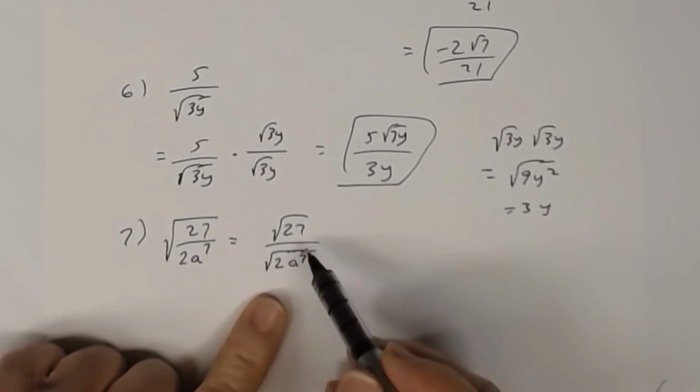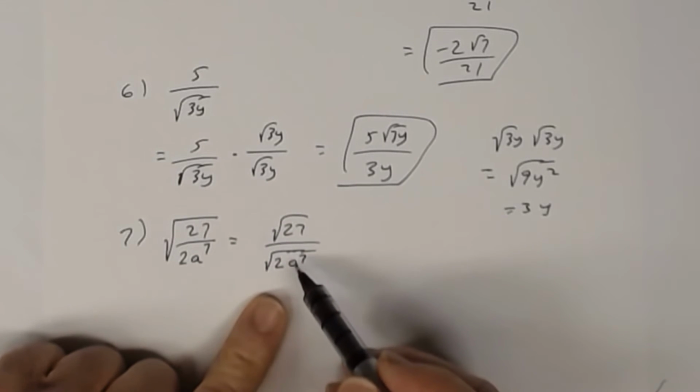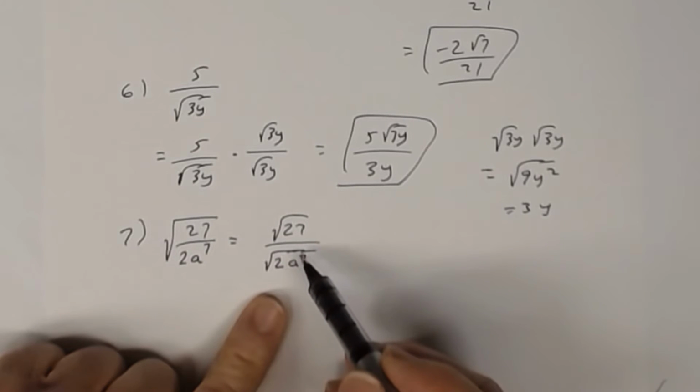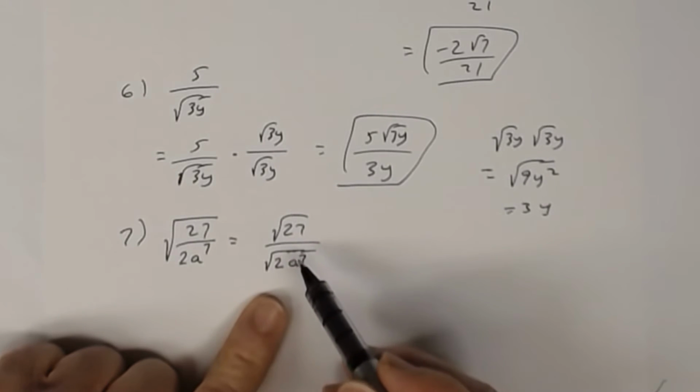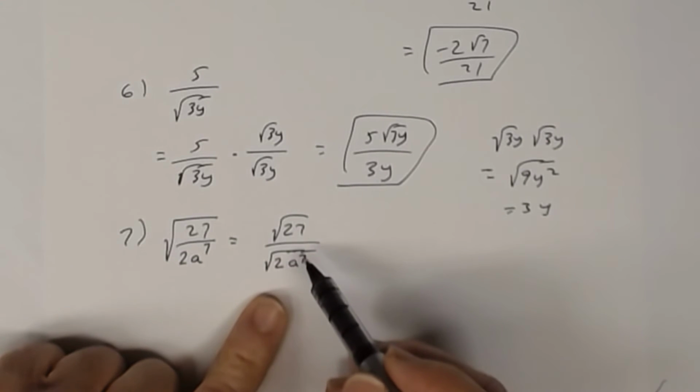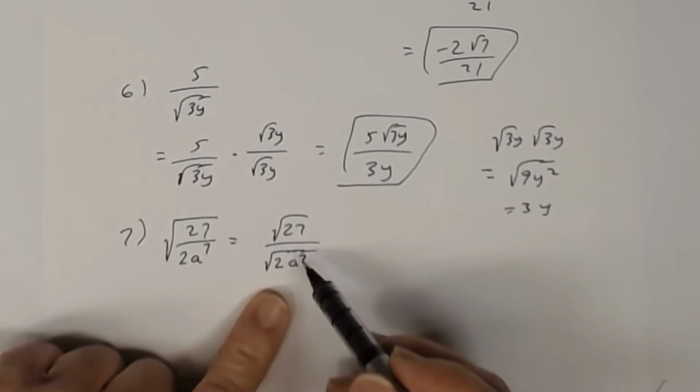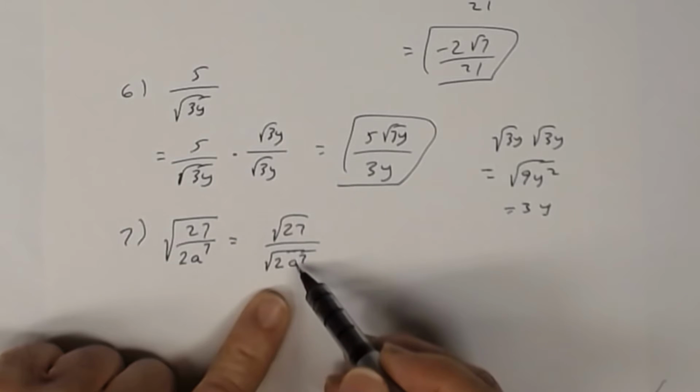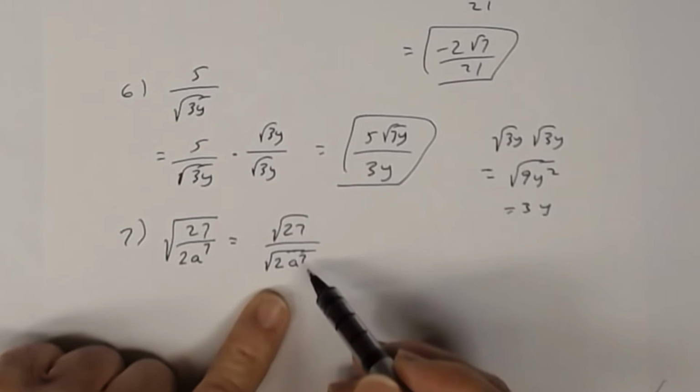And so if I want to get rid of that square root, then I really need this to be an even number. And you're going to go opposite of what you've done in the past. So you're going to say what's the next number greater than 7 that's divisible by 2. And so the answer is 8. And so you're going to multiply both numerator and denominator by a square root of a.